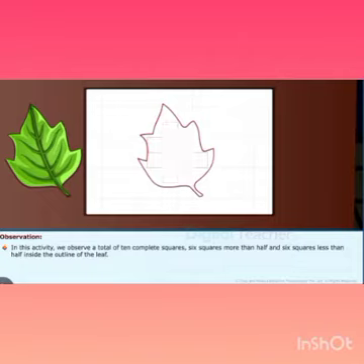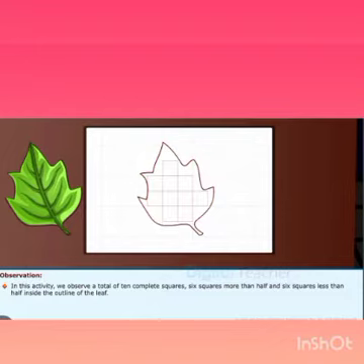Okay children, in this activity we observe a total of 10 complete squares and 6 squares more than half and 6 squares less than half inside the outline of the leaf.